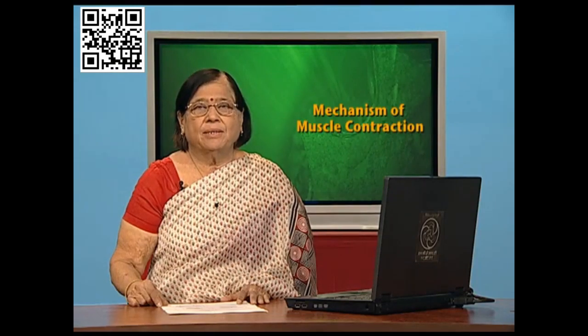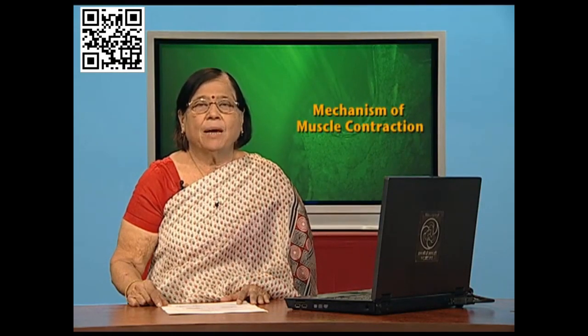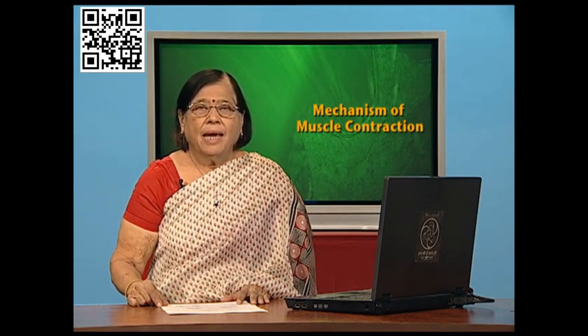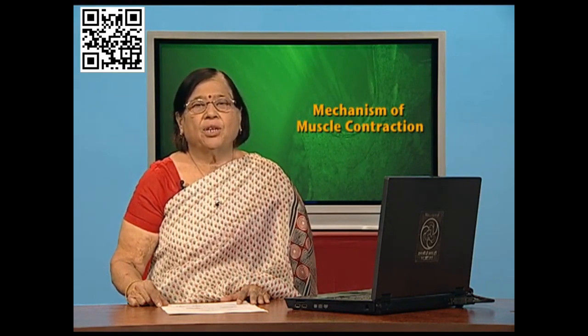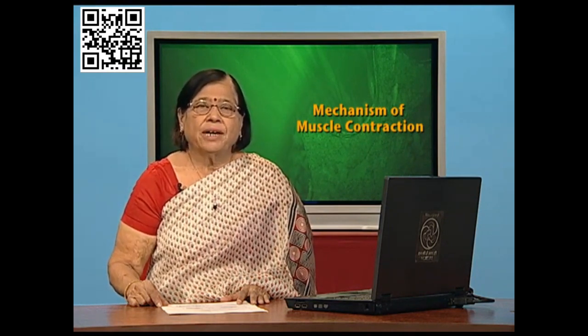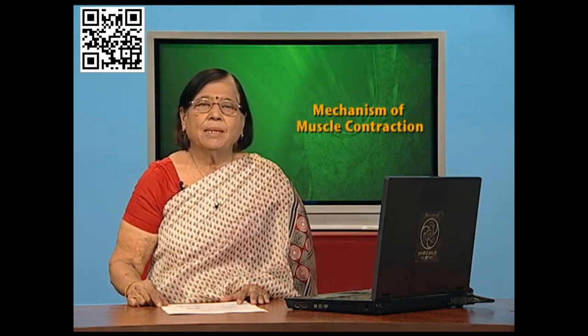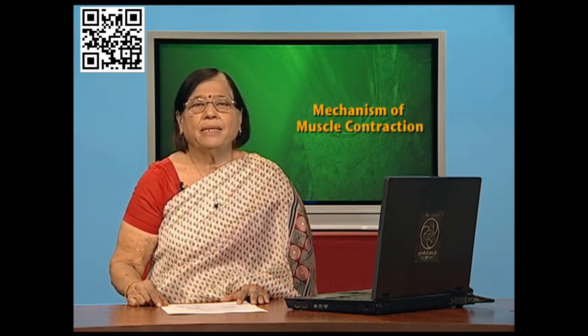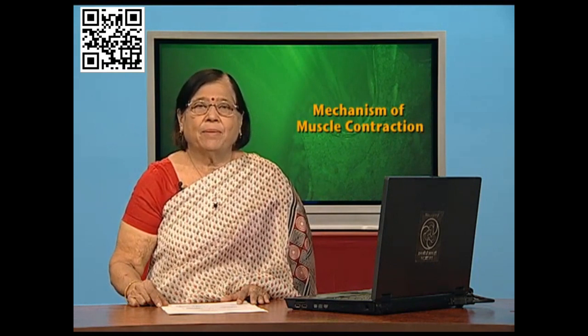In previous sessions we have discussed about muscle, about nerve, about functioning and the structure of a muscle cell. Whenever we talk of contraction, that means muscle is in action. And when will muscle be in action? When it is stimulated. And how will it be stimulated? By nerve fiber.